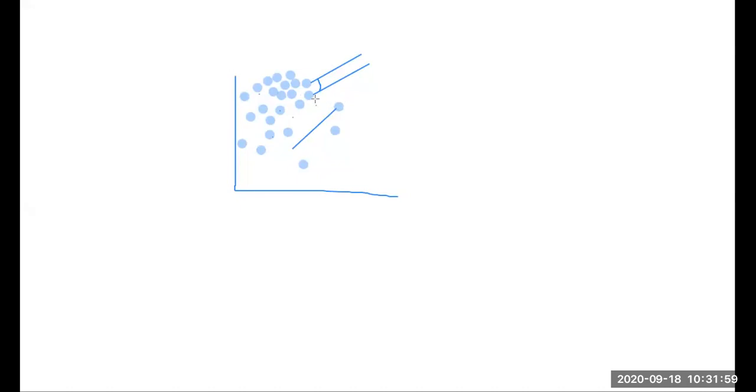They are totally different, right? So if we measure the angle between these two vectors, it is greater when compared to this angle. So what I'm trying to say is, by measuring the angle between two vectors, we can decide whether the two vectors are similar or not.